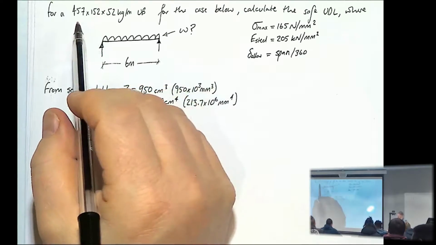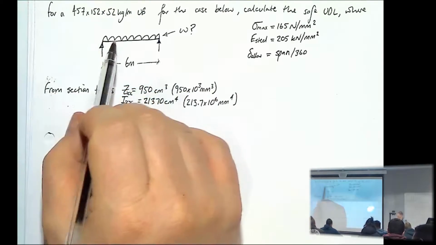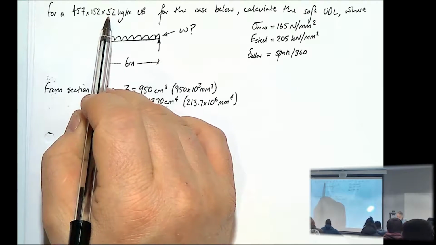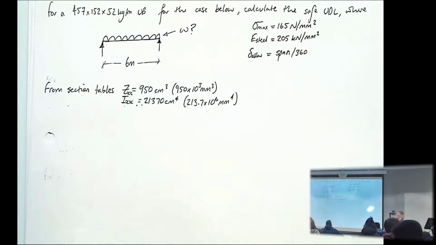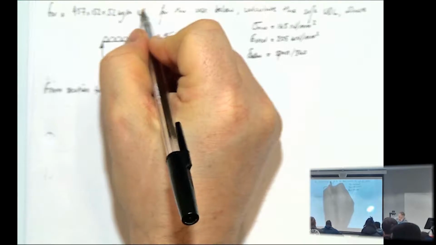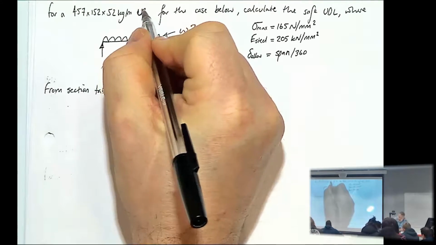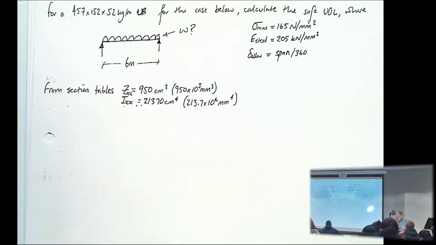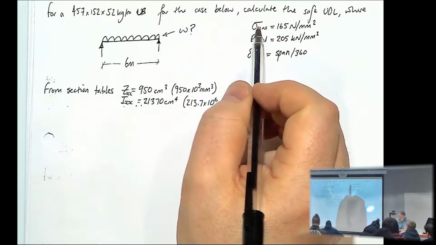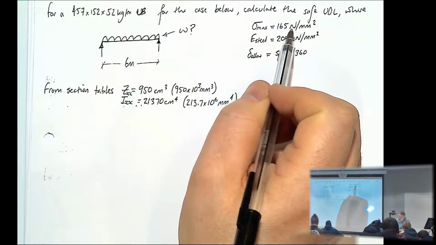We've been told that we have a beam of 457 by 152 by 52. So it's a universal beam, or a UB. UB for universal beam, UC for universal column. We're told what the maximum stress is within the steel beam.